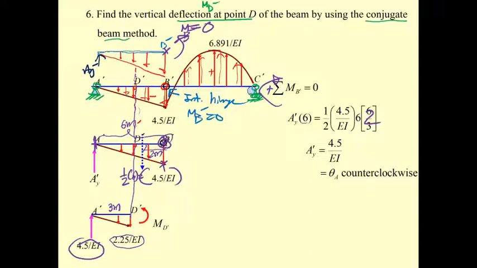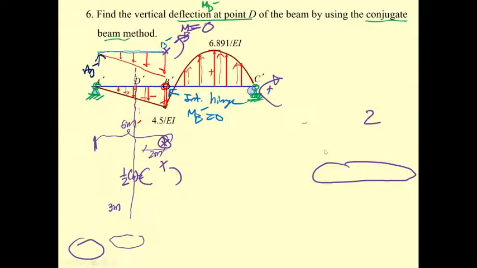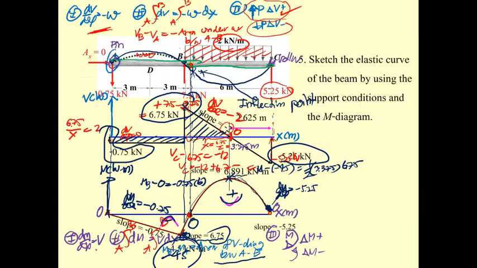Also, theta A is counterclockwise, and you may see from the previous picture, if you like, that is going to be theta sub A. Let's erase this one to make it clear.